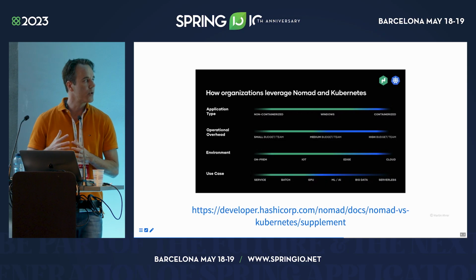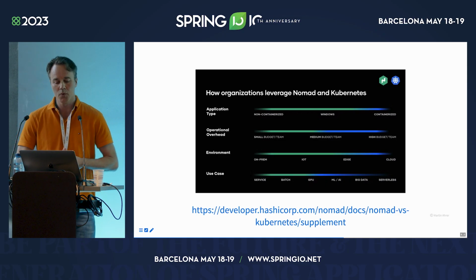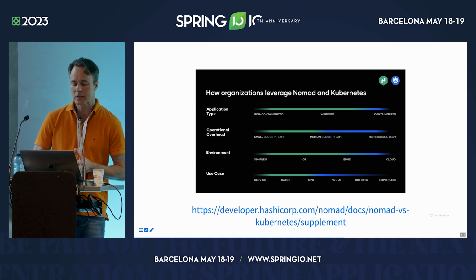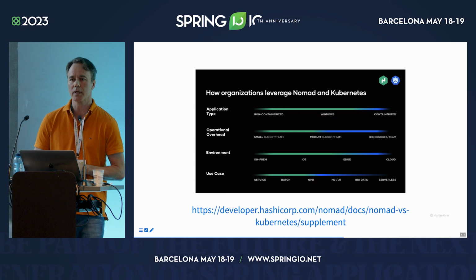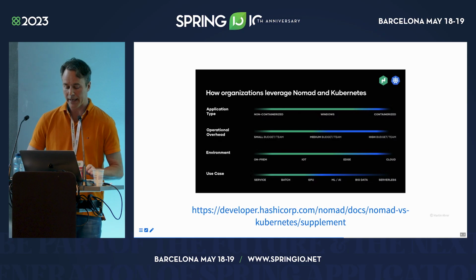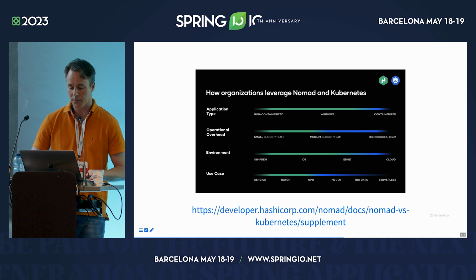Also, if you are bound to running your workload on-premise, then you also might be better off with Nomad. With Kubernetes, it's probably a good idea to just use managed services in one of the cloud offerings.